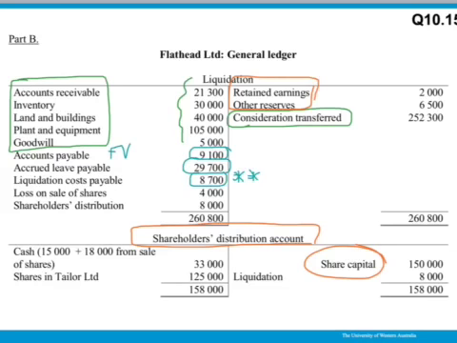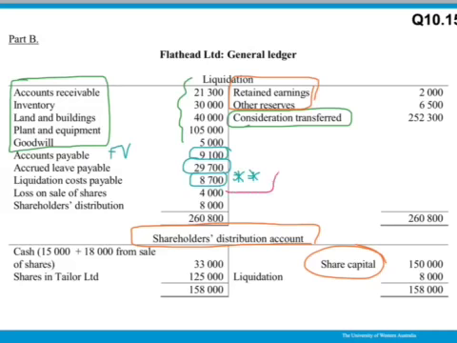We also have to deal with the shares in the listed companies, where the question stated that the shares in the listed company would have been sold and the proceeds would have been distributed to the shareholders' distribution. Now, this was sold together with the shares in the listed company that was owned by Taylor, and that was transferred to Flathead as part of the consideration transferred.